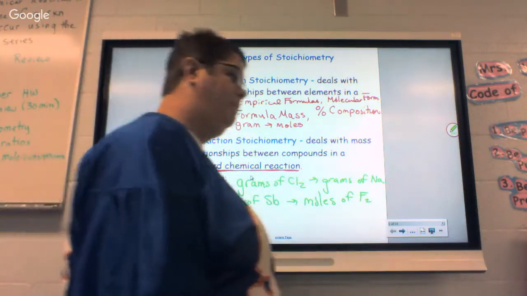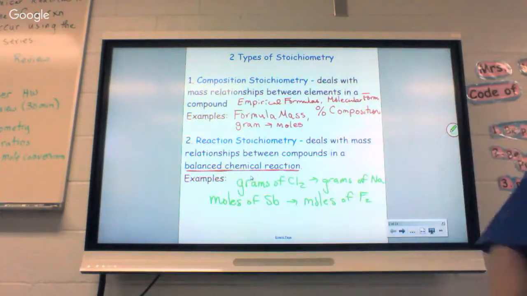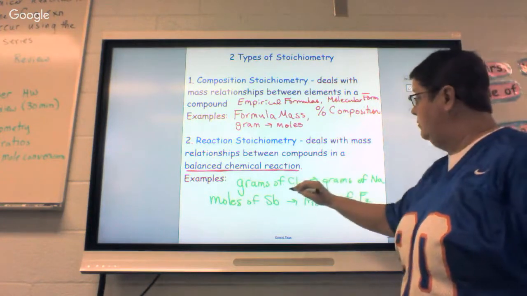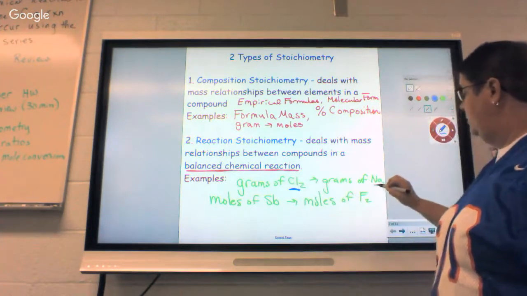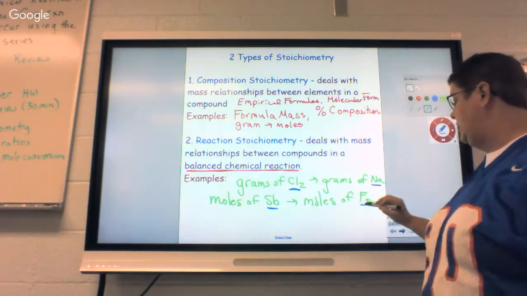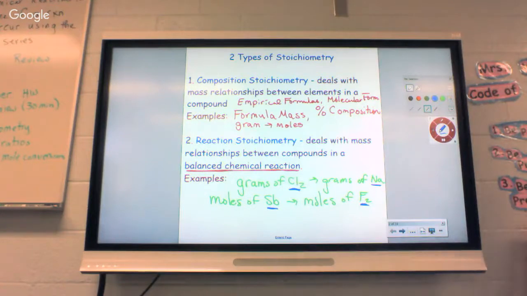Okay? We're going to change from one compound. All right, you notice that was one compound. We changed it into a different compound. So in both of those examples that I put there, notice that I changed compounds. In order to change compounds, we will have to have a balanced equation.